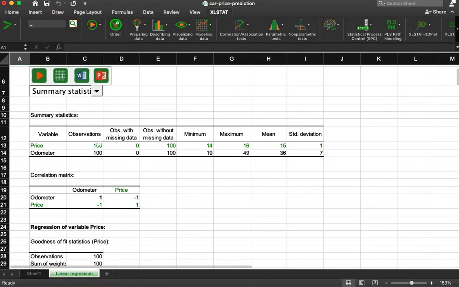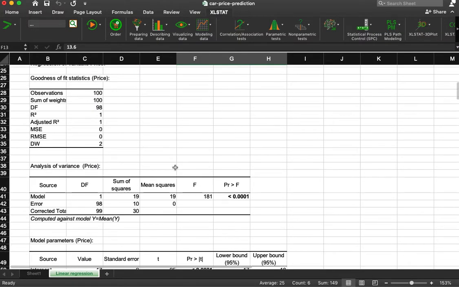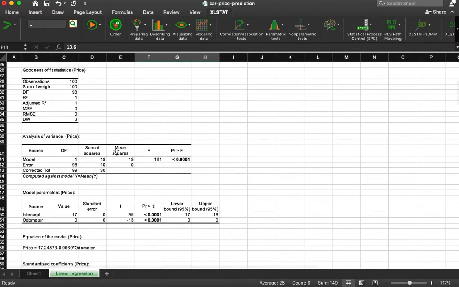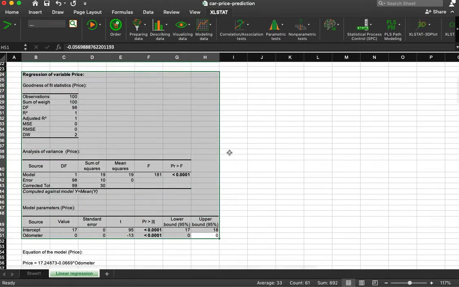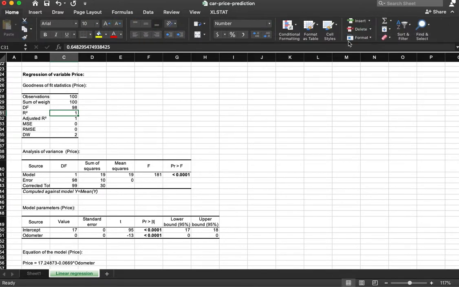So it starts by giving us some information about number of observations, maximum and minimum values, standard deviations. And then we have three big blocks here that we care about. This first one is called goodness of fit statistics. And this is telling us how well our regression explains the variance in the model.